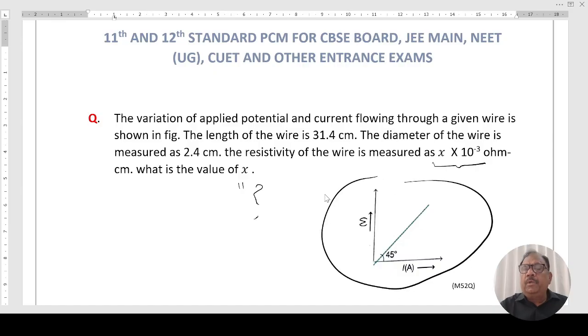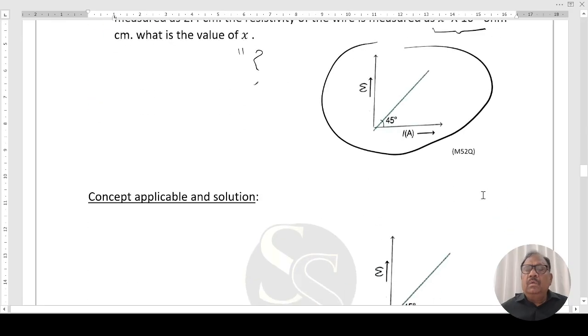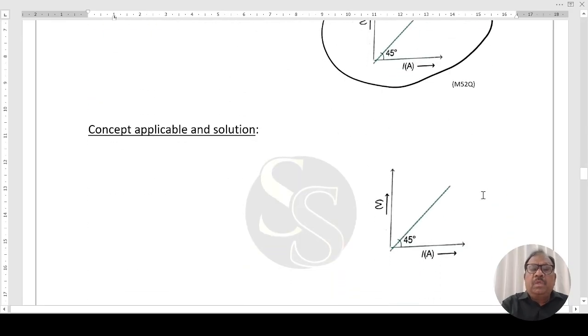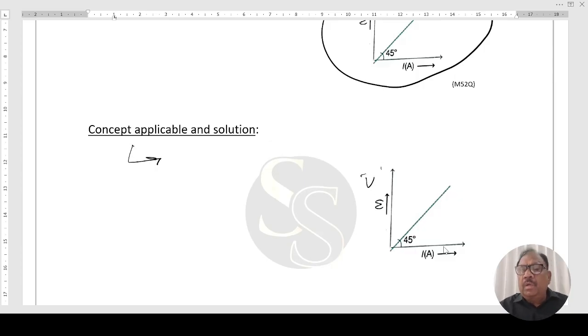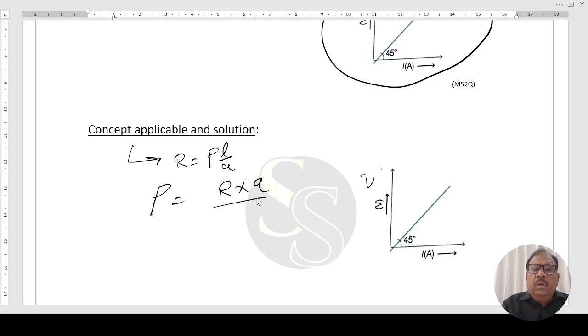This is the figure, right? Now, the concept applicable here. This is EMF voltage, this is current. So, if you know R equal to rho L upon A, we have to find rho, that is R into A upon L, right?